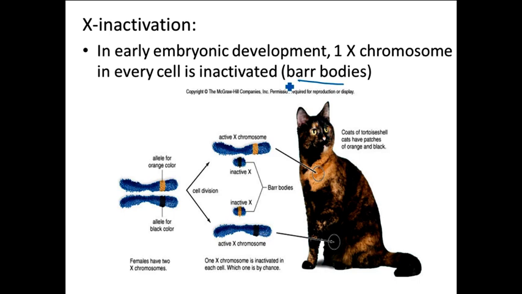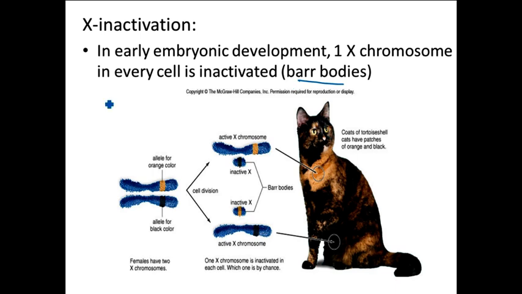Okay? Once an X is inactivated in a cell, all of the descendants of that cell will have the same X inactivated. Okay, so the point of why this happens is so that every cell has only 1 copy of the X chromosome, because those genes that are on the X chromosome, most of them work by just having 1 copy. And if you had 2 copies, it would be too much of it.